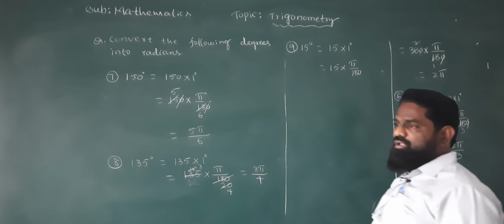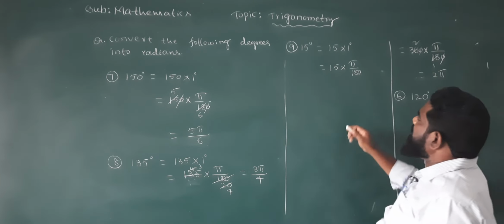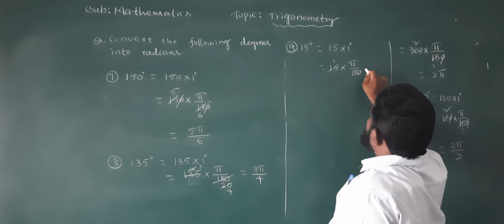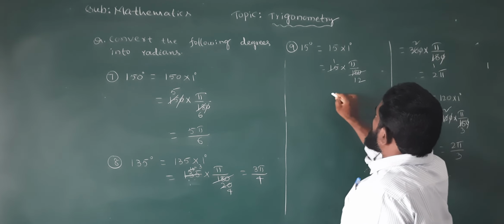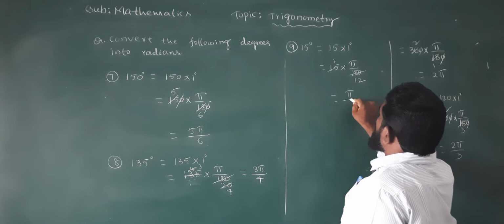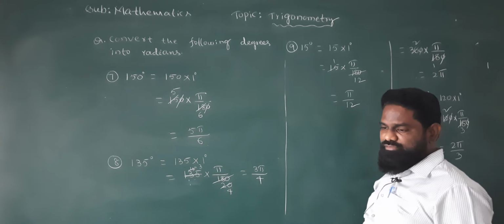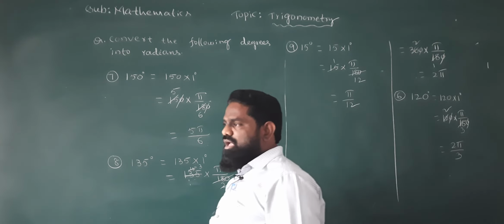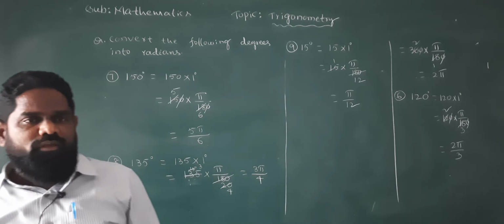Pi by 180 radians. Cancel it. 15 1s are 15, 15 12s are 180, so pi by 12 radians. We can convert like this.